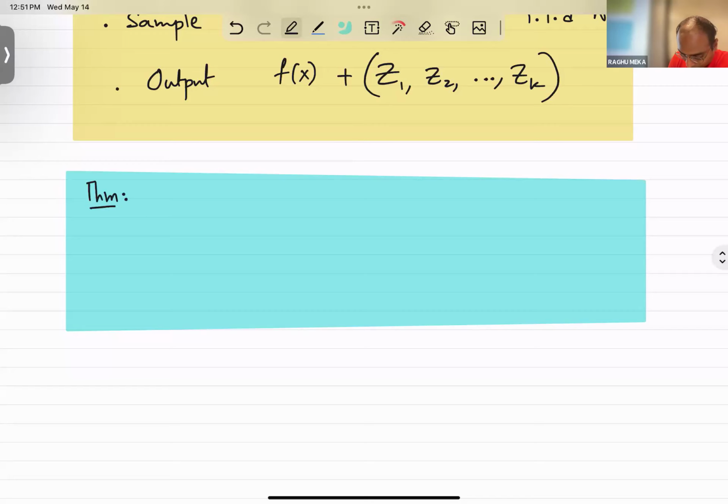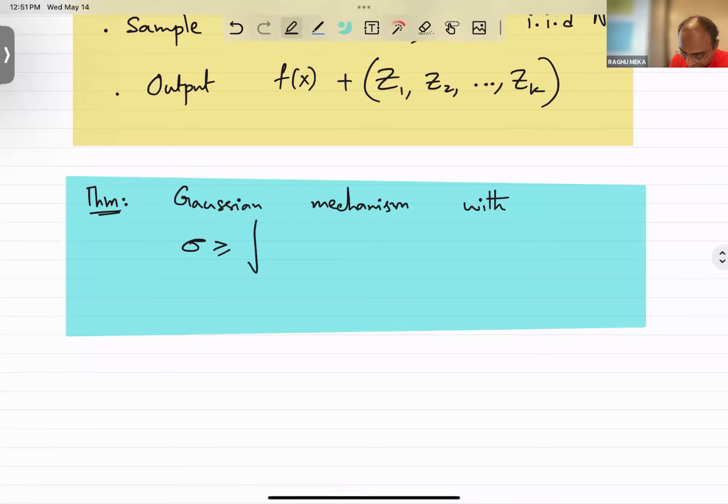But what we can show is the following. The Gaussian mechanism with noise, which is roughly this.